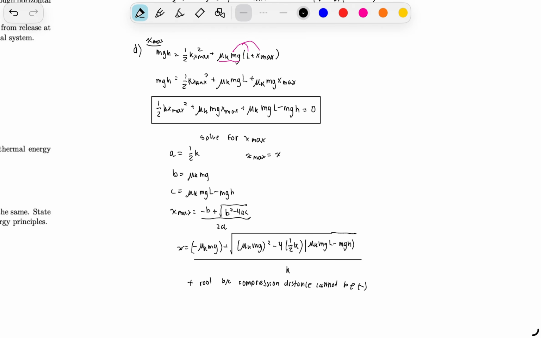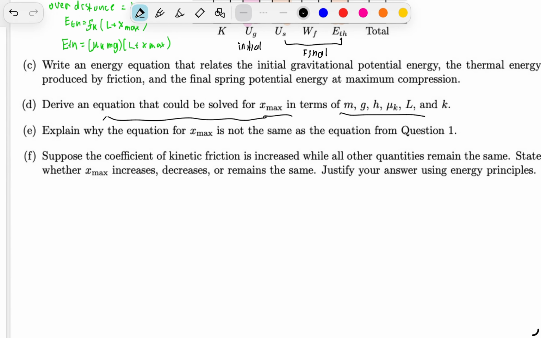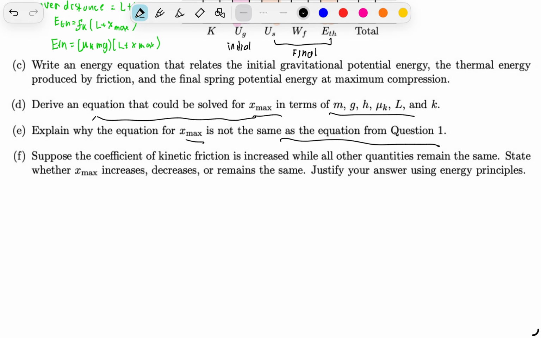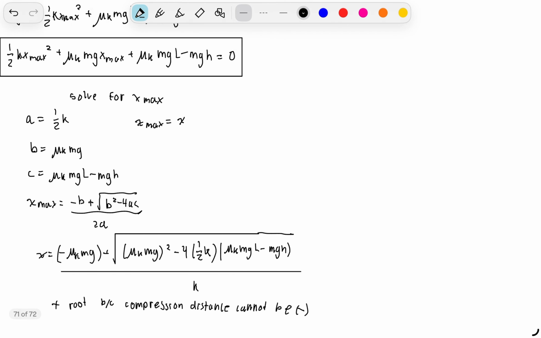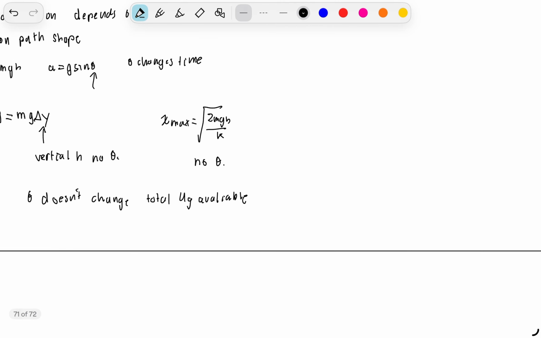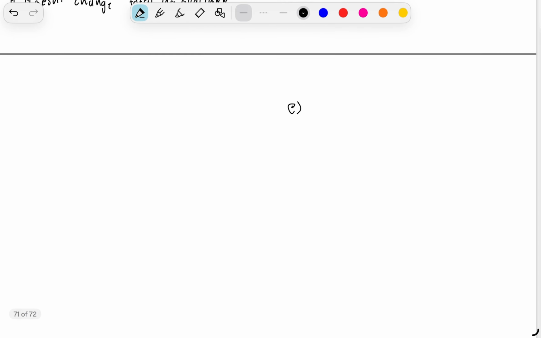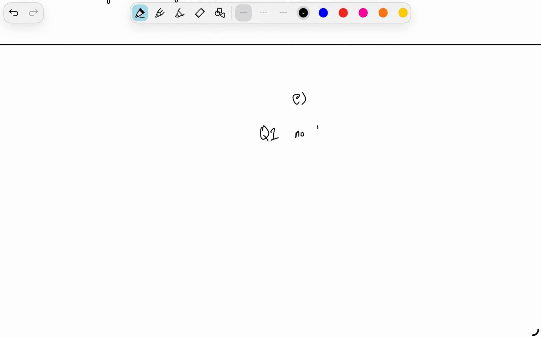The reason why, for our next part, the X max is not going to be the same as equation 1 from question 1 is because in question 1, we have no frictional force. That's because mu was equal to 0. So that's why we had mgh is equal to 1/2 kx maximum squared.